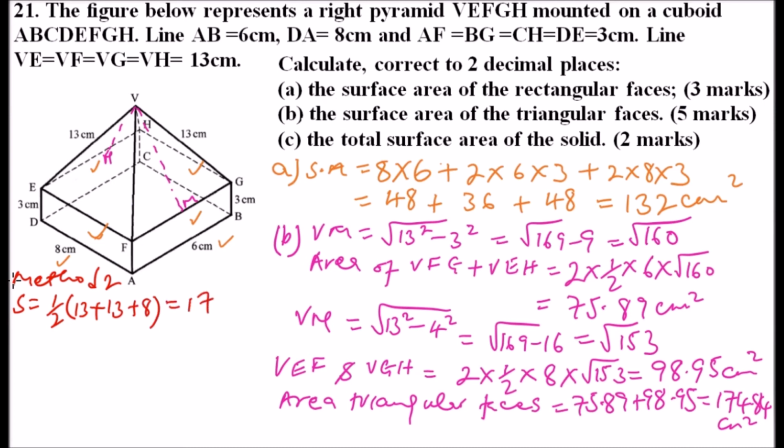So you can get the area of VEF and VHG equal to the square root of 17 into bracket 17 minus 13, then 17 minus 13, and 17 minus 8, all under the square root.